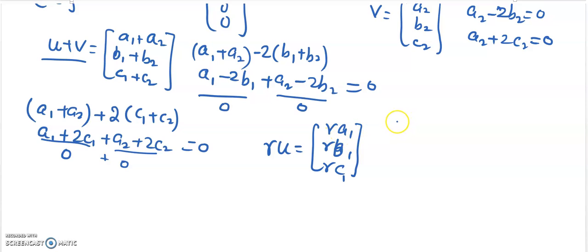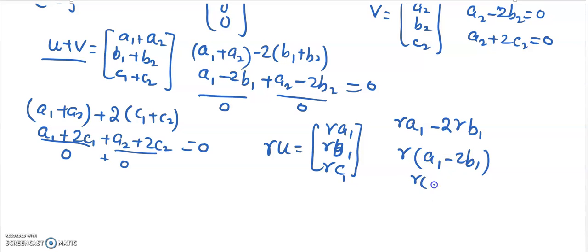From the first condition, RA1 minus 2 times RB1, we take R as common: R times A1 minus 2B1. Since we know that A1 minus 2B1 is 0, R times 0 is 0.